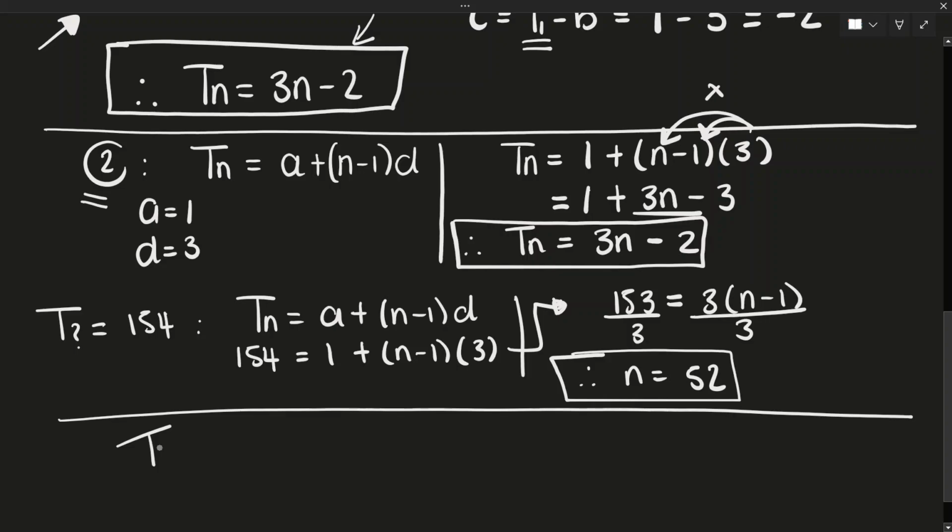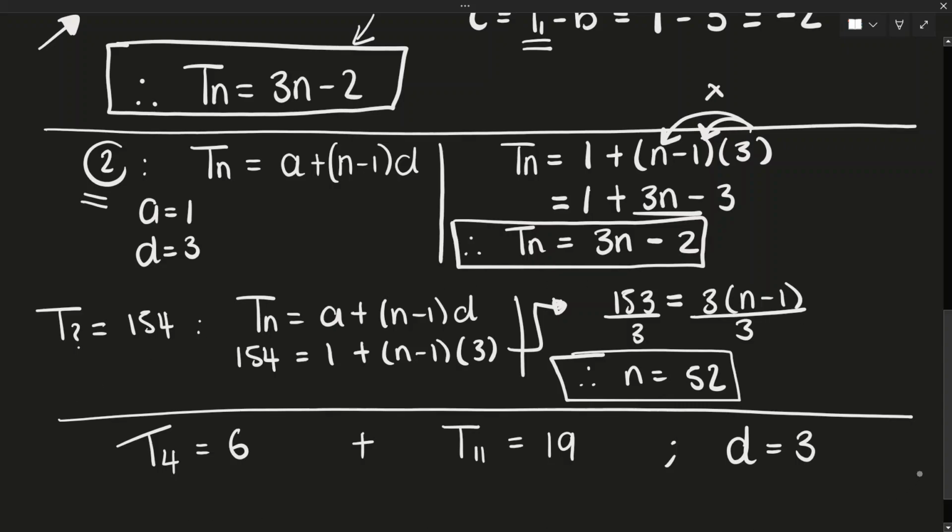They told you that T4 is equal to 6 and T11 is equal to 19, and this pattern has a difference of say 3.